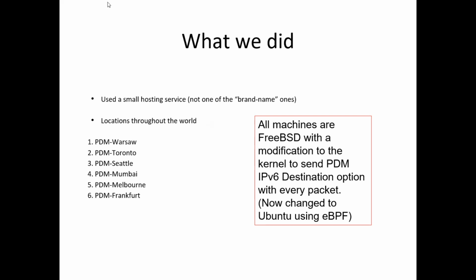And we modified the kernel for FreeBSD to send our destination options extension headers with every packet. We have now changed that so that we're using Ubuntu with eBPF. So there's just a slight thing about that, is eBPF doesn't require changes to the kernel.